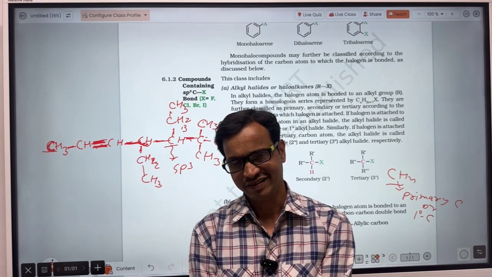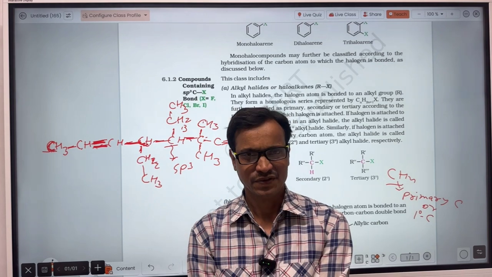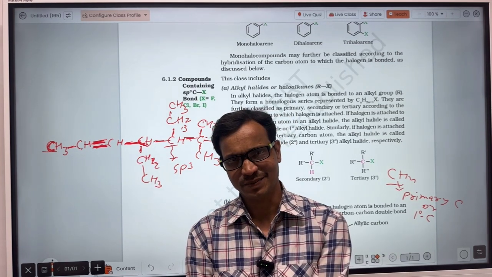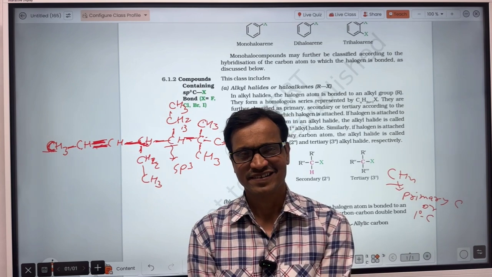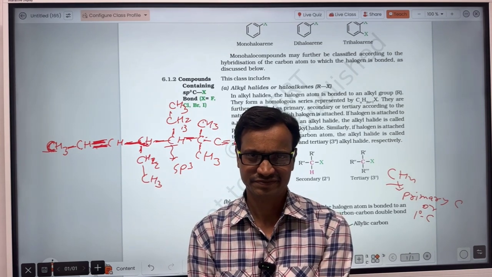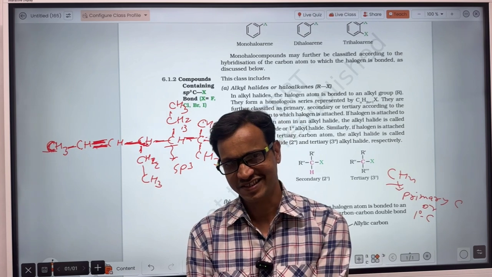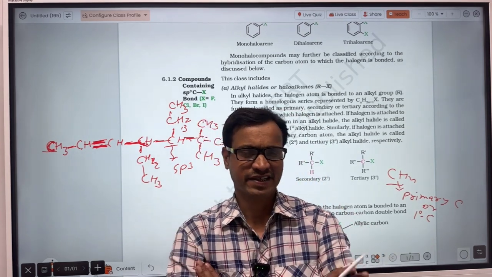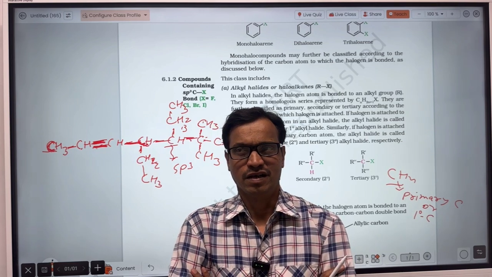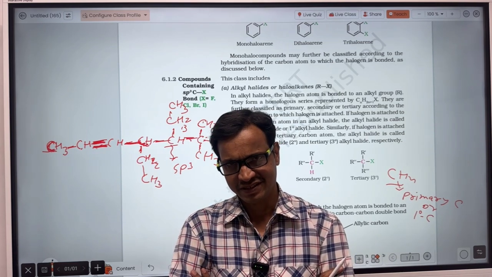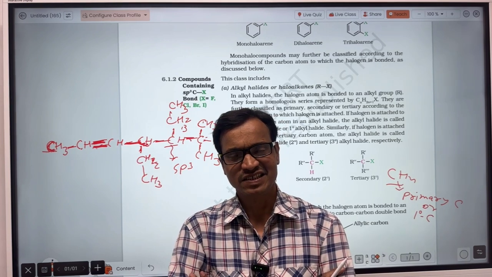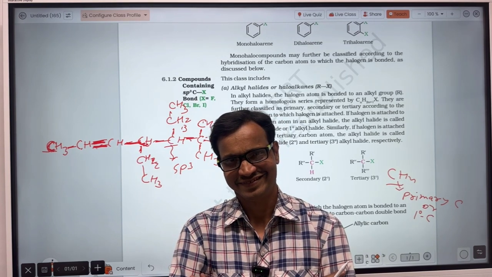In the same way, the carbon atom which will do bond formation with two other carbons will be called secondary carbon or 2-degree carbon. In the same way, the carbon atom which will do bond formation with other 3 carbon atoms will be called 3-degree carbon or the tertiary carbon.